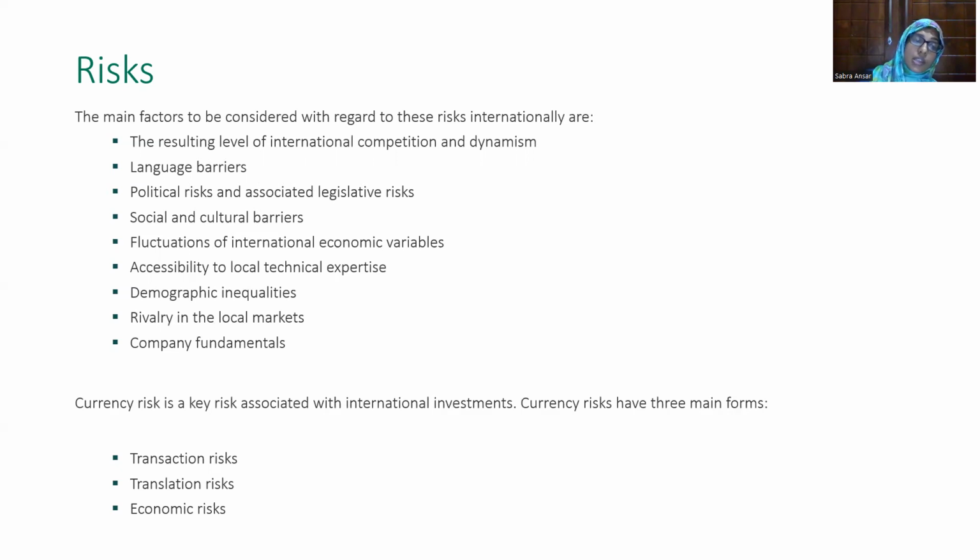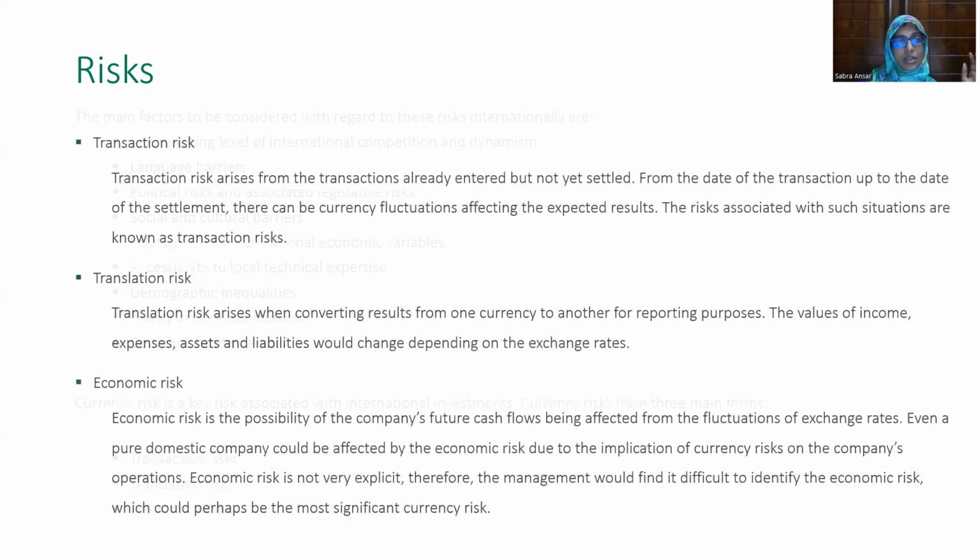Currency risk is the risk associated with international investment, and it has three main forms: transaction risk, translation risk, and economic risk. Now you'll wonder, what is it? So what is transaction risk?